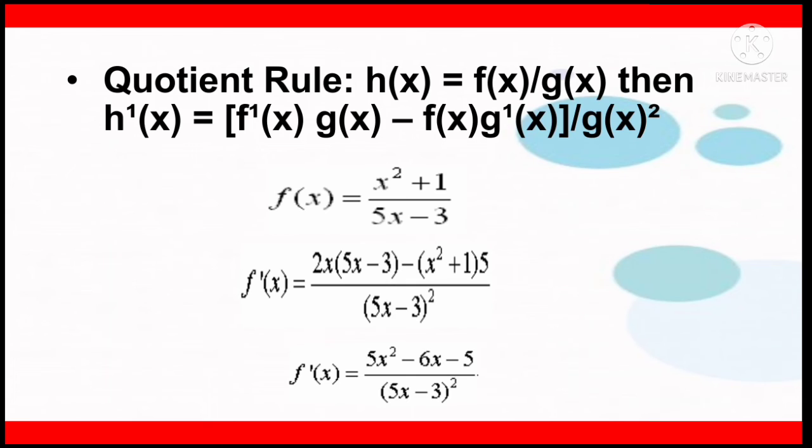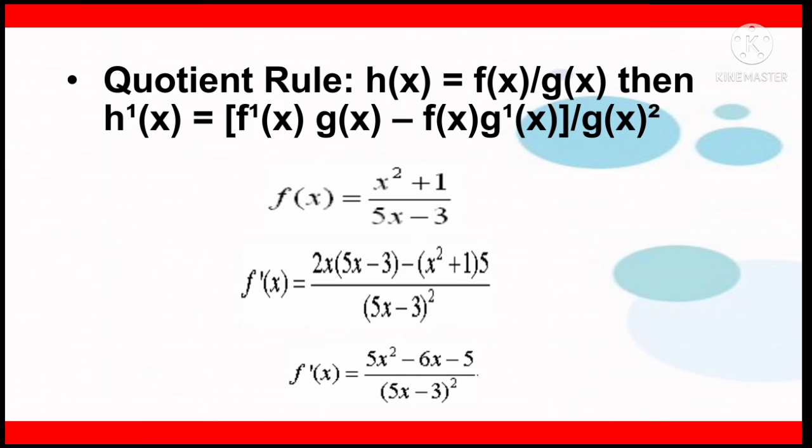Here in our numerator, we just simply distribute each term to the inside of the quantity. So we came out with 10x squared minus 6x minus 5x squared plus 1.